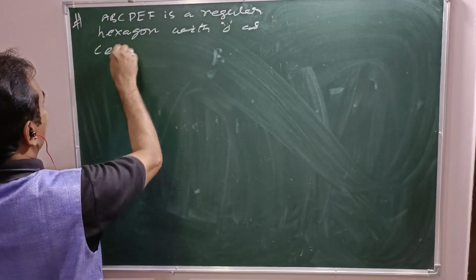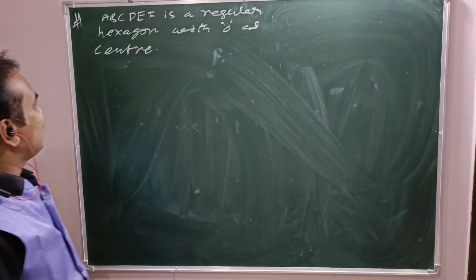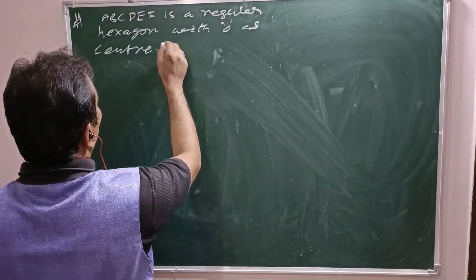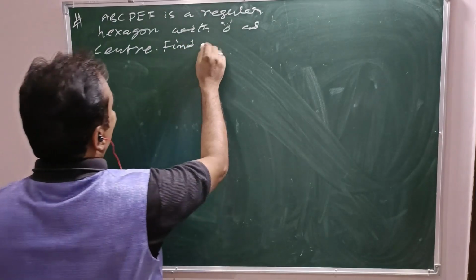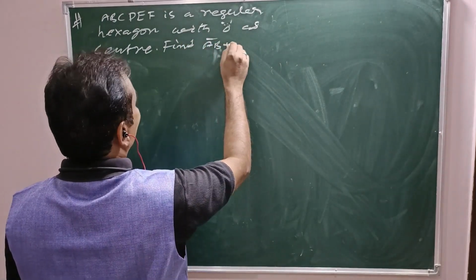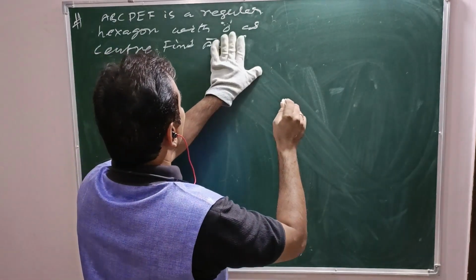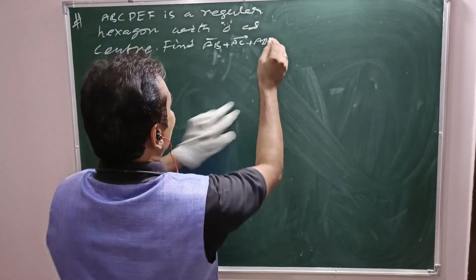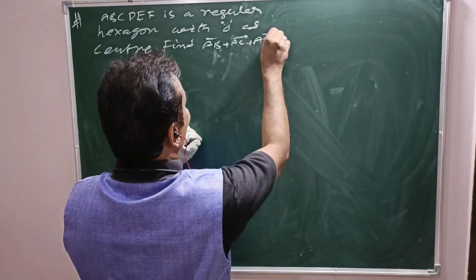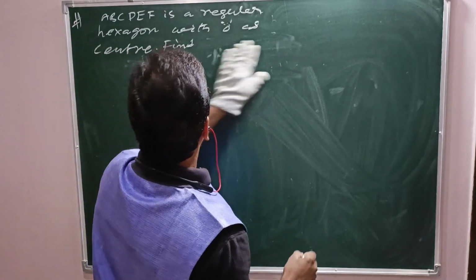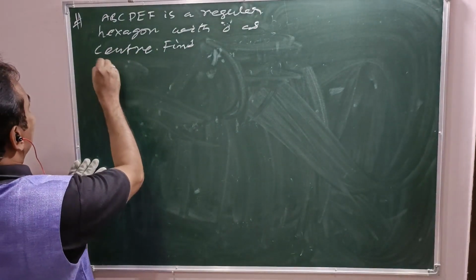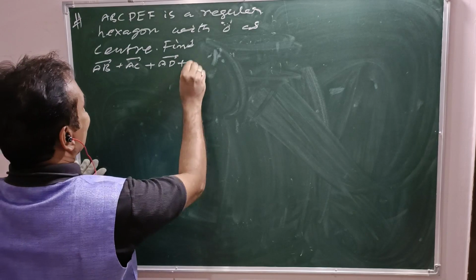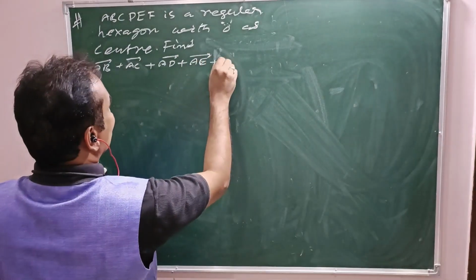Now find AB bar plus AC bar plus AD bar plus AE bar plus AF bar.